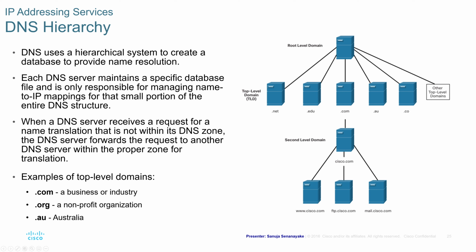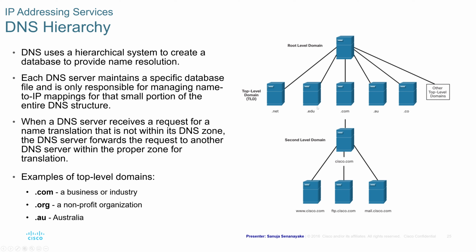So we have something called the root level domain, and the top level domains are located here in the root level. And we have the top level domains known as the TLDs.